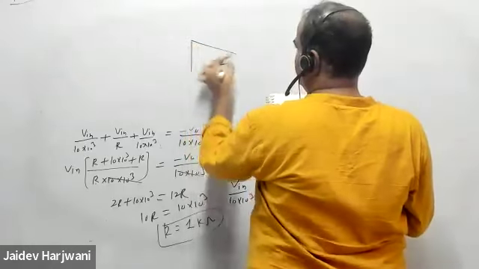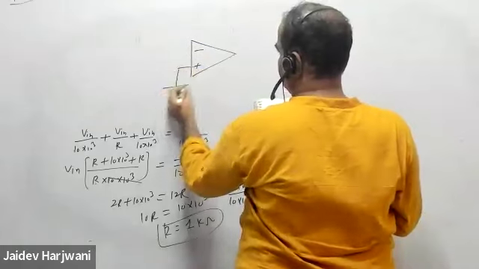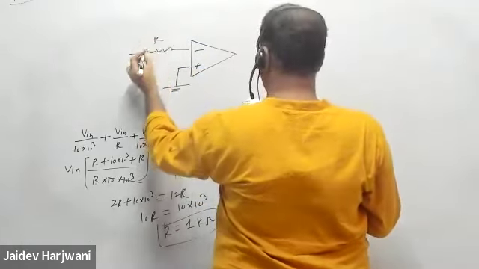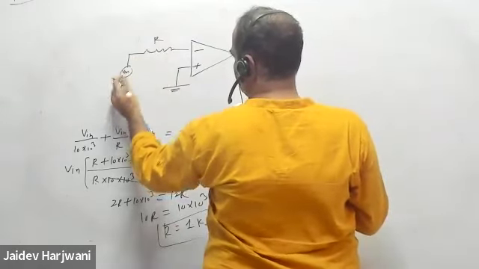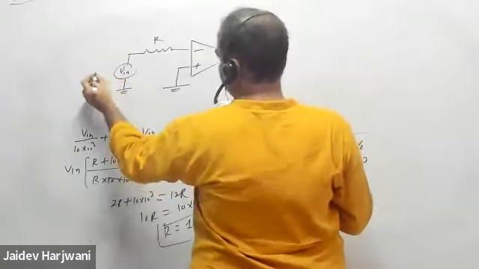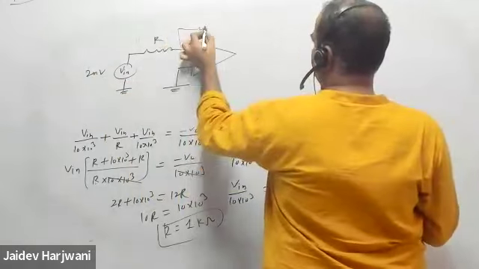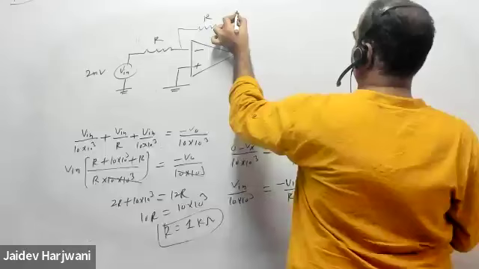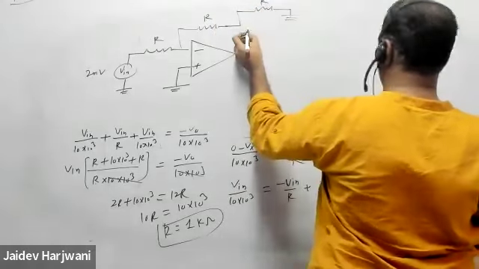So say you have this is minus plus. Okay, this is R. Here I am applying V input, and V input is 2 millivolt. And here I am putting same R. Here one more resistance R. This is grounded.